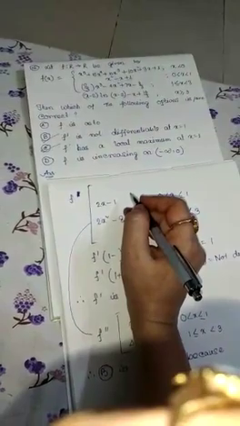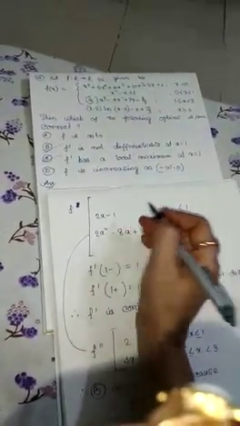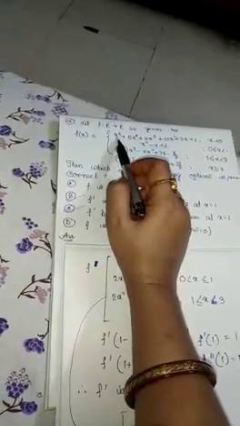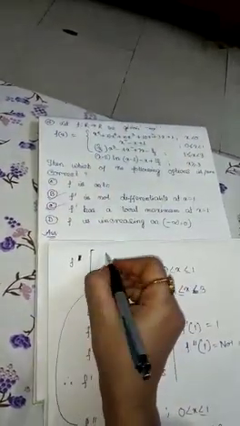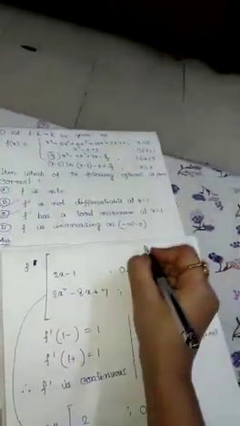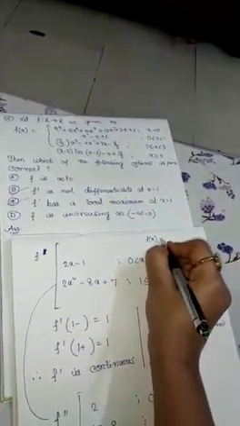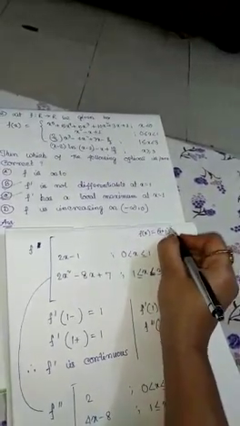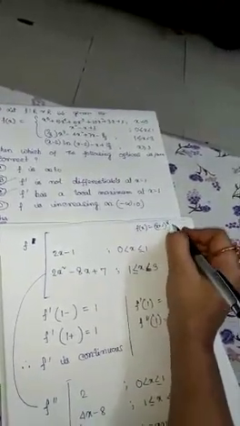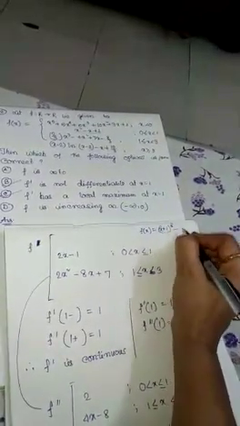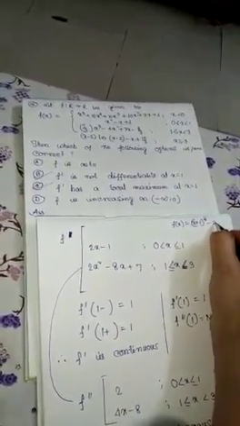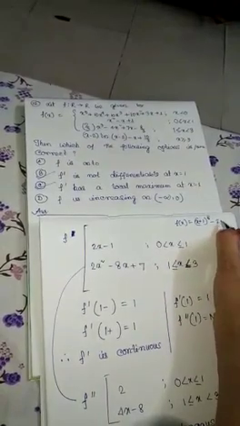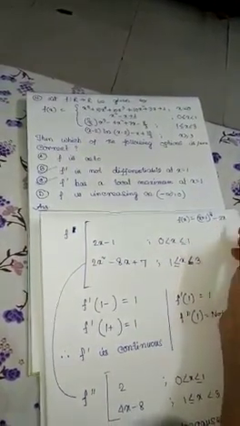Here the first function is f(x) = (x + 1)^5 - 2x.